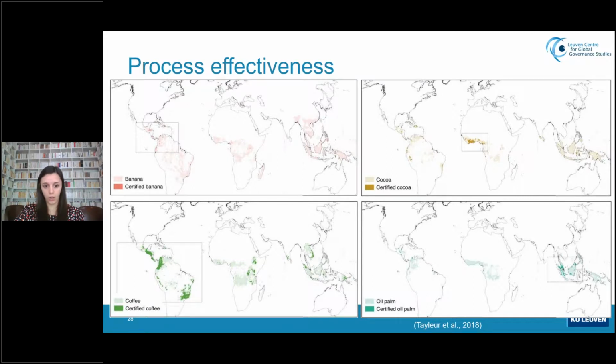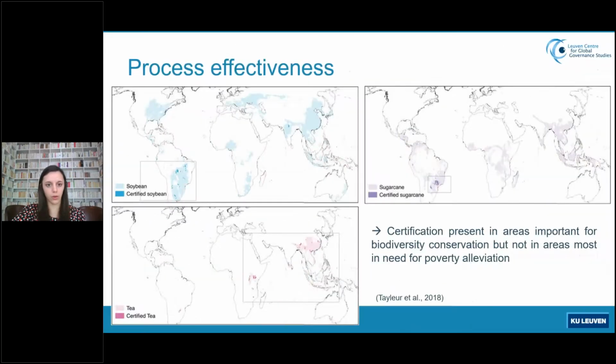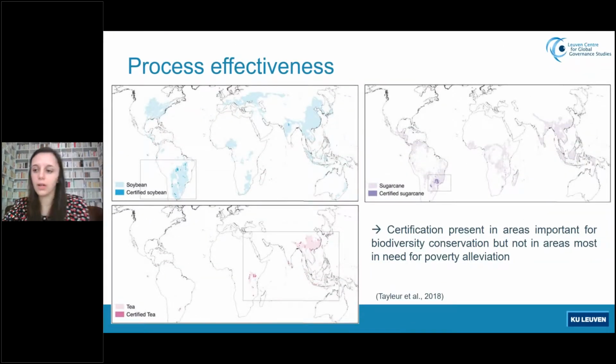You can see more or less the same pattern for coffee, and for certified cocoa, it's mainly in West Africa. And for palm oil, it's mainly in Indonesia. They also study other commodities, so soybeans, tea, and sugarcane. So you can really see that the production area doesn't mean that this is a certified area, and that it's not homogeneously distributed.